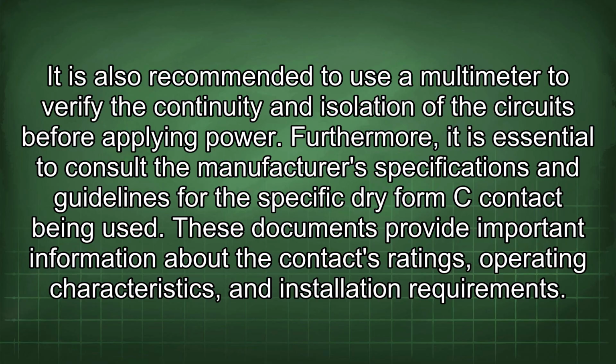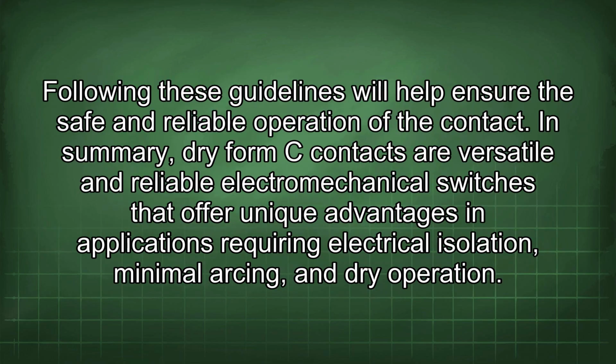Furthermore, it is essential to consult the manufacturer's specifications and guidelines for the specific dry-form C contact being used. These documents provide important information about the contact's ratings, operating characteristics, and installation requirements. Following these guidelines will help ensure the safe and reliable operation of the contact.